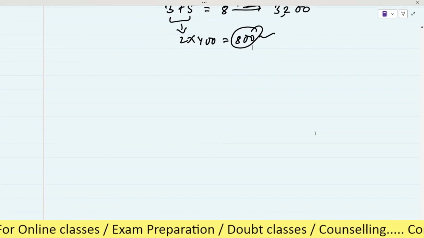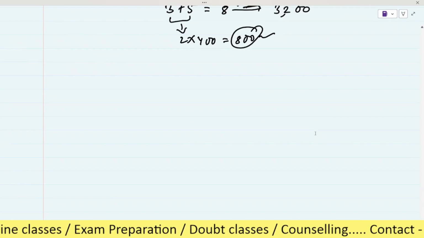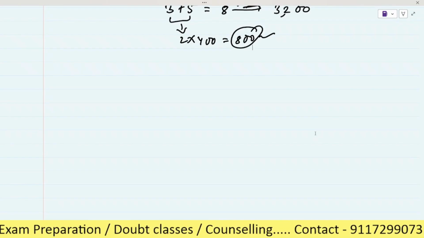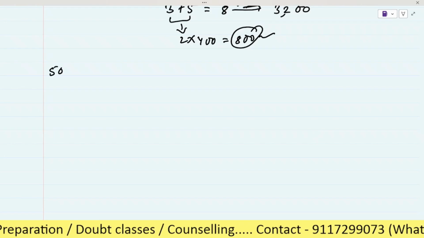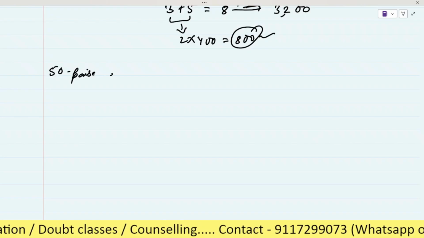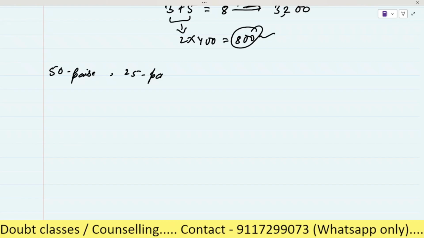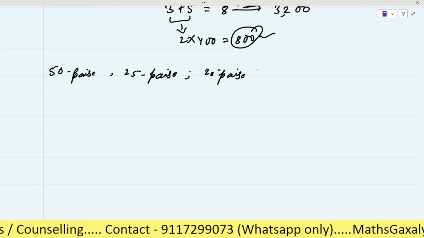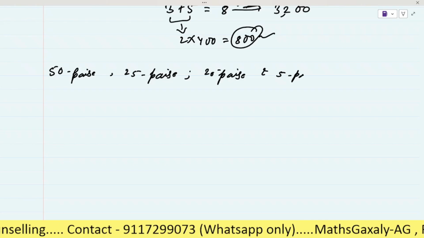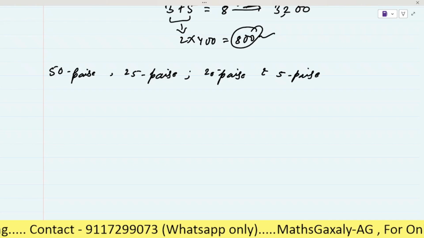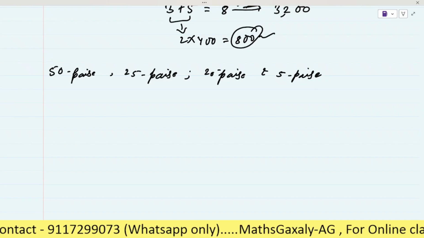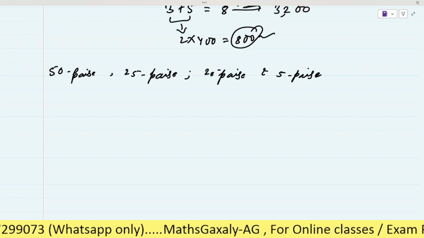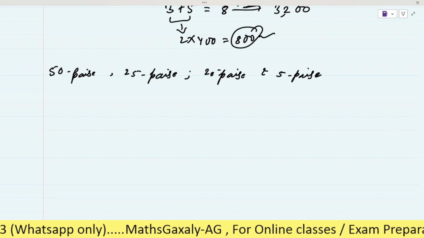Okay, a bag contains an equal number of 50 paise, 25 paise, 20 paise and 5 paise coins respectively.